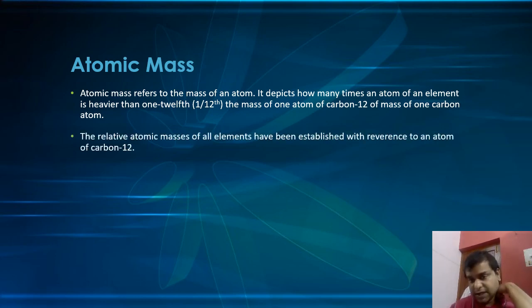So it's a relative quantity that we measure. The relative atomic masses of all elements have been established with reference to an atom of carbon, carbon 12, because the mass of a carbon atom is 12 grams.